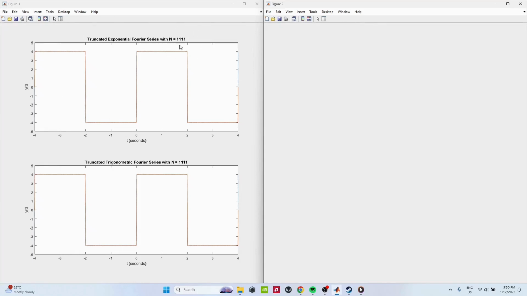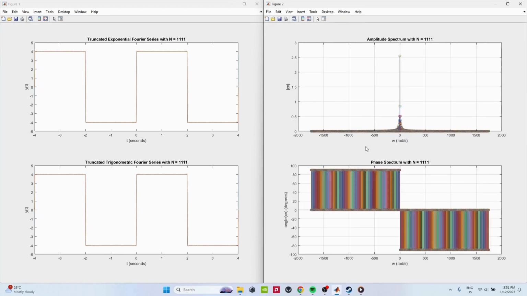Because n harmonic is such a big number, MATLAB will take a little bit of time to calculate the amplitude spectrum and the phase spectrum. This is the amplitude spectrum for n harmonics of 1111, and the phase spectrum for n harmonics 1111. I conclude my presentation and I'm going to hand it to the next person, who is going to discuss further about our assignment. Thank you.